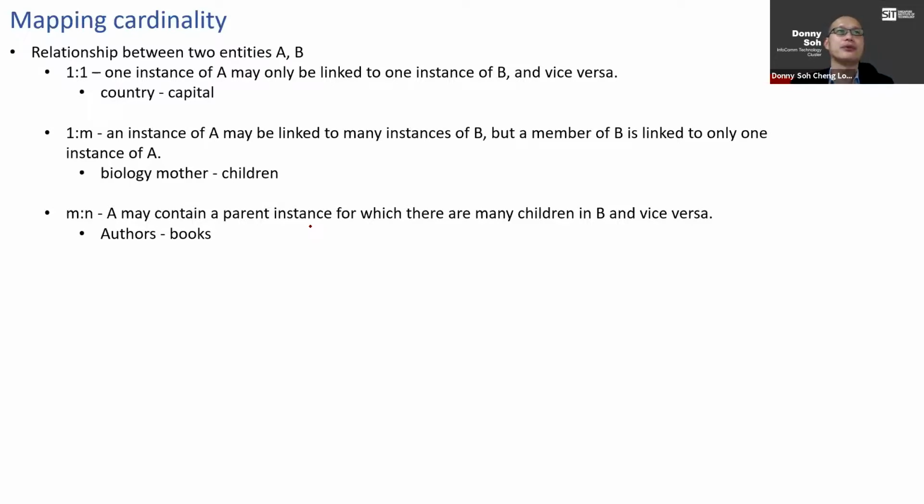So for example, A and B, let's say this is 1:1. One instance of A can only be linked to one instance of B. So for example, a country can only have one capital. Likewise, the capital can only have one country. So it's a one-to-one relationship.